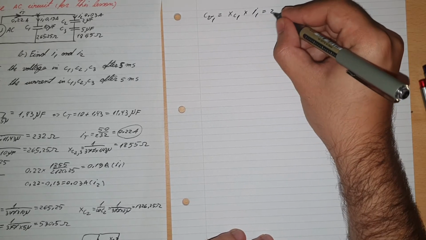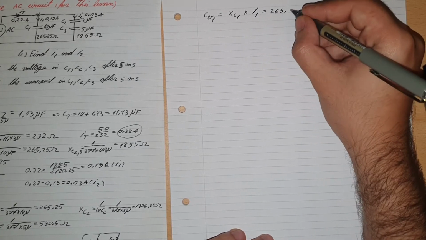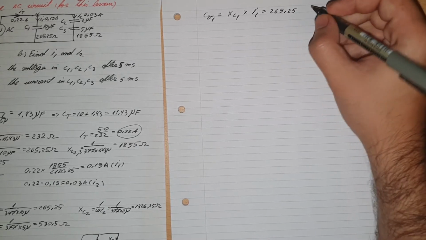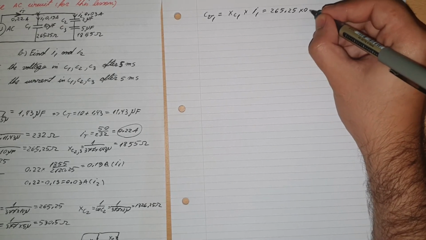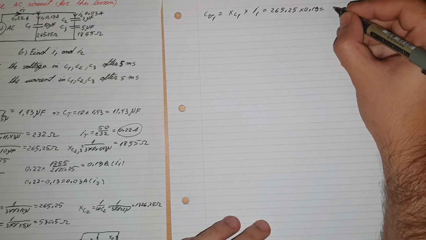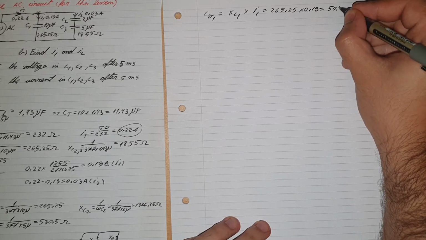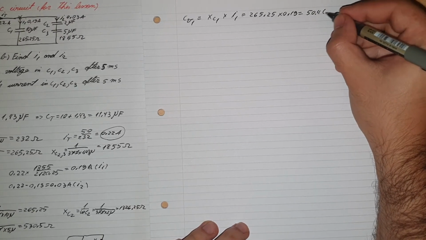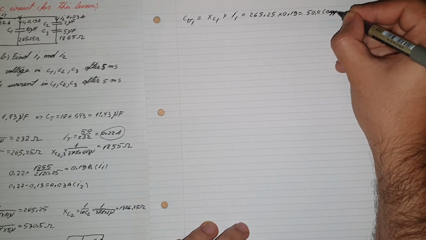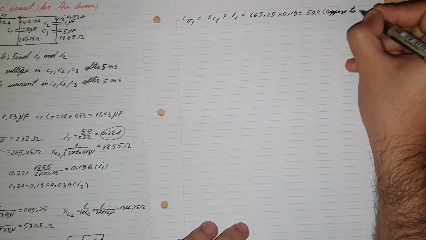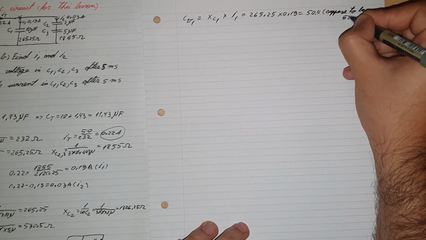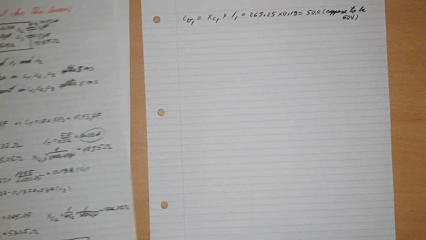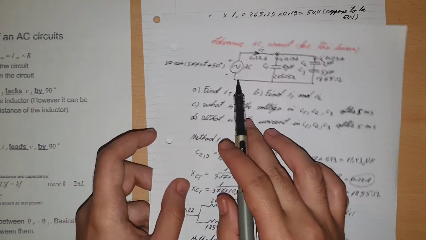And as you know, the reactance of the capacitor is 265.25 multiplied by the current 1.19, which is equal to 50.4. But it's supposed to be 50 volts, so we just round it down.